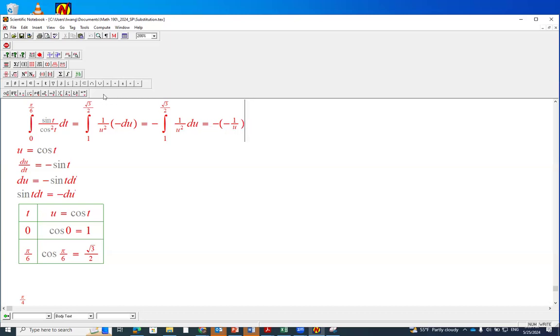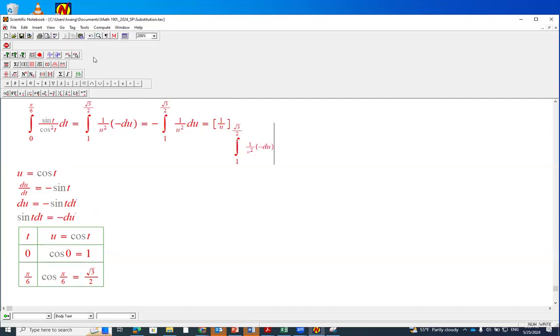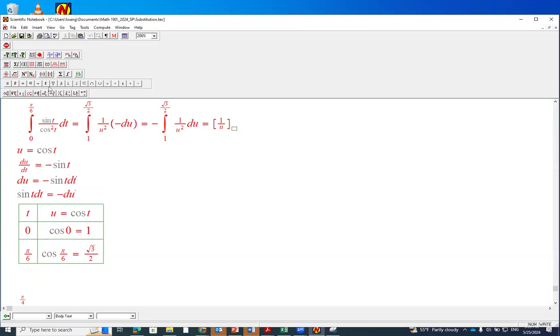So that's how we get rid of the sign. And so the lower limit is root 3 over 2. Okay. The upper limit is 1. Okay, plugging in.